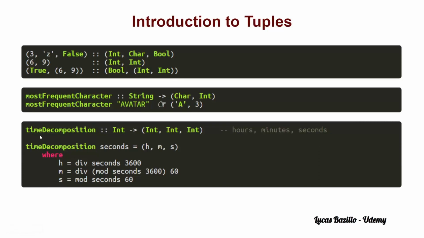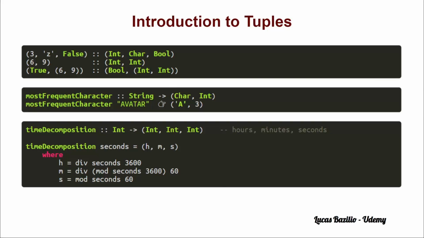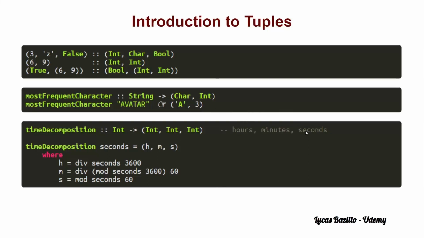Consider now that you want to design and program a time decomposition function that, from a given number of seconds as an integer value, breaks it down into hours, minutes, and seconds. The result is therefore a tuple of 3 elements: one integer for the hours, one integer for the number of minutes, and one integer for the number of seconds.